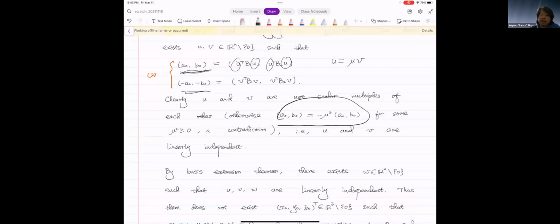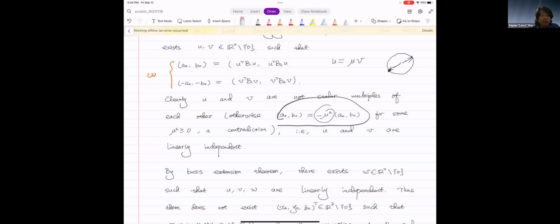Well, this will not be the case, because they are opposite directions, and mu squared is always greater or equal to 0. So there is no way that this negative direction vector are positive multiples of each other. So obviously u and v are not going to be scalar multiples.